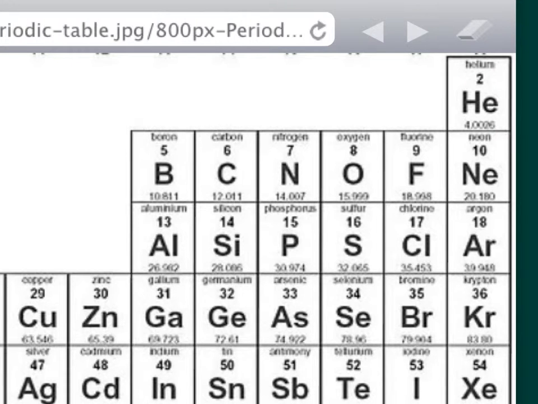Okay, what we're looking at is the number below the carbon that says 12.011. That gives us grams per mole, so that's our conversion factor for this problem.